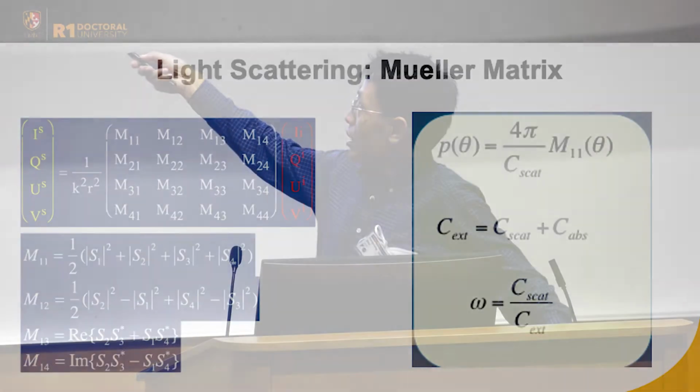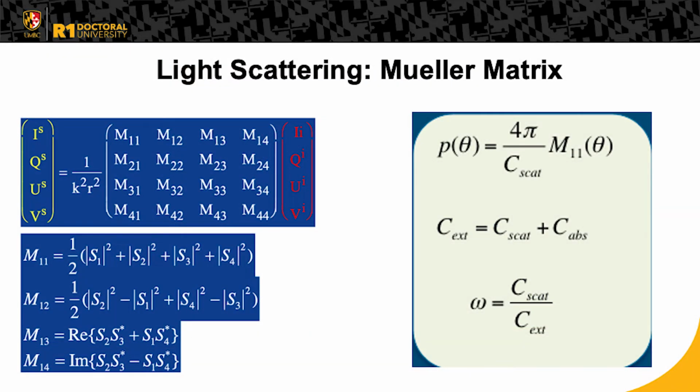This I, which is total intensity, is similar to what our eyes can see. And these Q and U are parameters we use to describe linearly polarized light, right? And this V is circular polarization, in which case you have an E vector rotating either this way or this way. It's circularly polarized light.